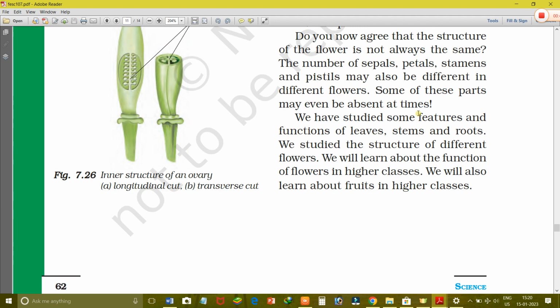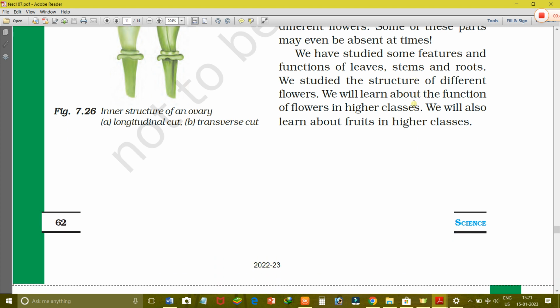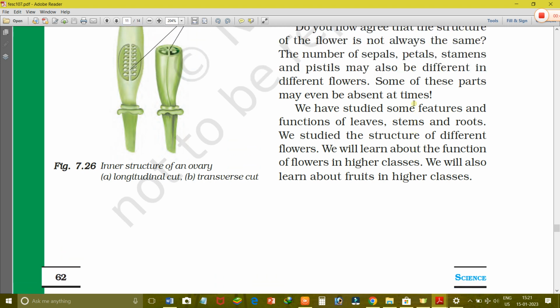Do you now agree that the structure of the flower is not always the same? The number of sepals, petals, stamens, and pistils may also be different in different flowers. Some of these parts may even be absent at times.